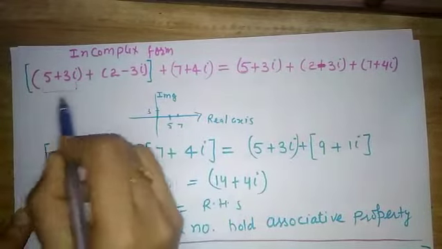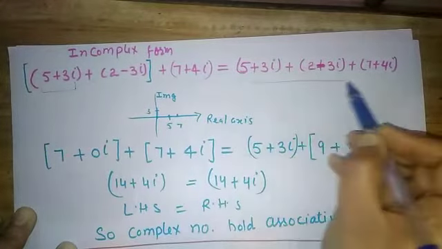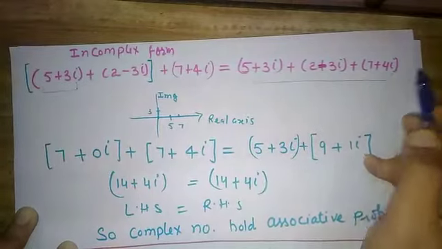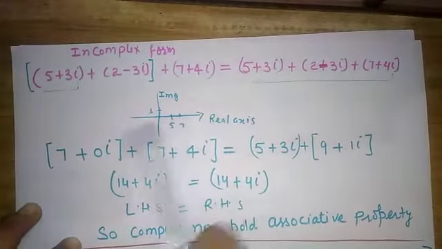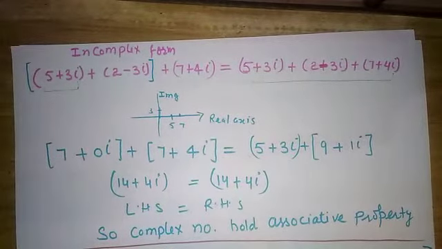So this is the left hand side and this is the right hand side. If we talk about the addition, the simple way to add two complex numbers is to add real with real, add imaginary with imaginary. You can't add real with imaginary.